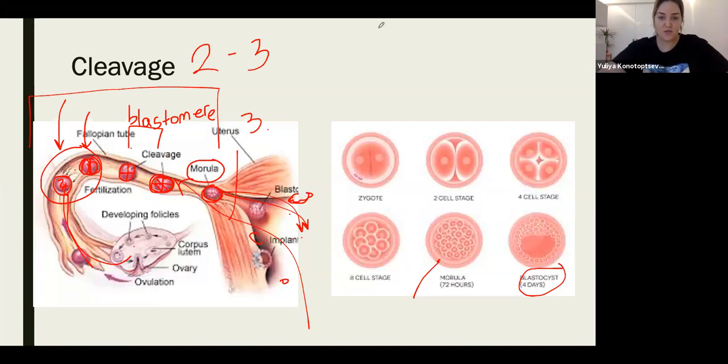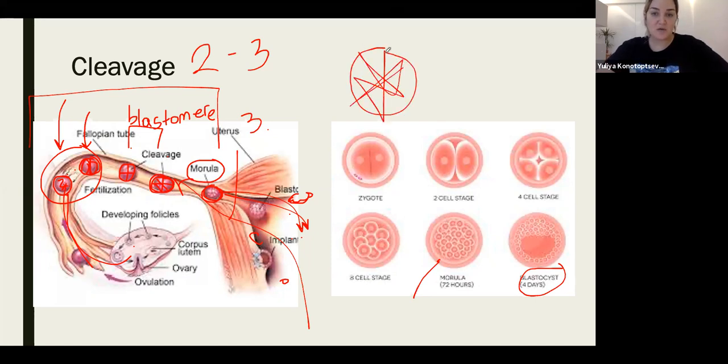Is that clear? So now I have here the morula, 16 totipotent stem cells surrounded by zona pellucida. Now the fluid tries to go into the morula. Can it? Not really, because there is zona pellucida. But does it give up?